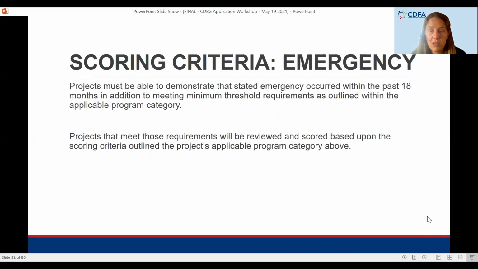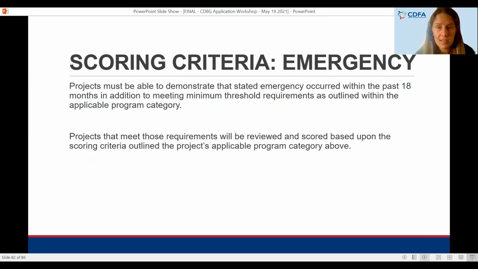So emergency projects, again, those can also be received on a rolling basis, and those are projects that have a stated emergency that occurred within the last 18 months, in addition to meeting the application threshold criteria that were outlined in the application program category. If it's a housing related emergency, you'd meet those criteria. If it's a public facility related emergency, you'd be meeting those criteria.